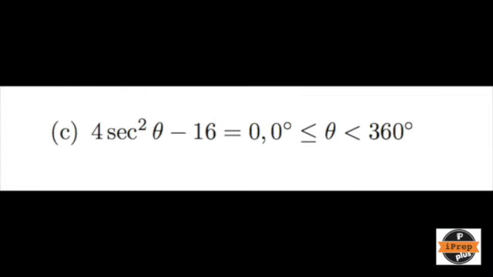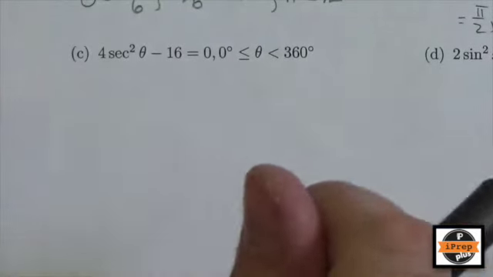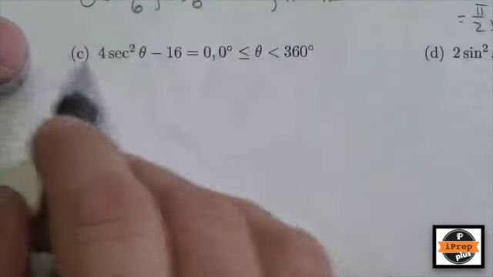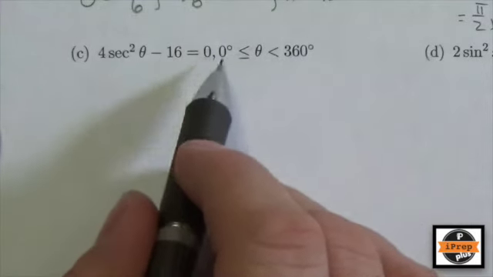Solve 4 secant squared of theta minus 16 is equal to 0, where theta is between 0 degrees and 360 degrees. All right, now that you've seen just a couple of straightforward basic examples, we're going to look at a handful here that have got something a little bit unique about them, things that you want to look out for. But first of all, before we jump into this problem, notice that our domain here is 0 to 360.